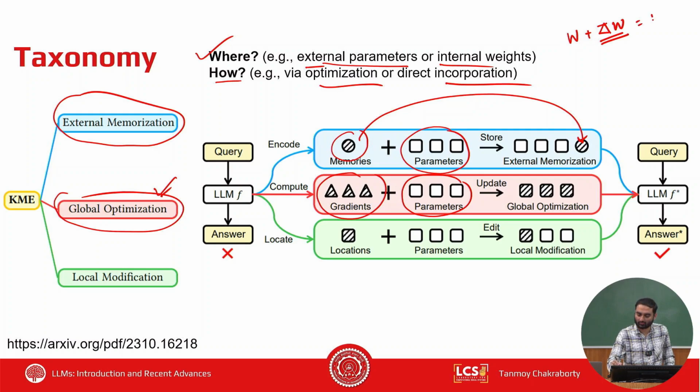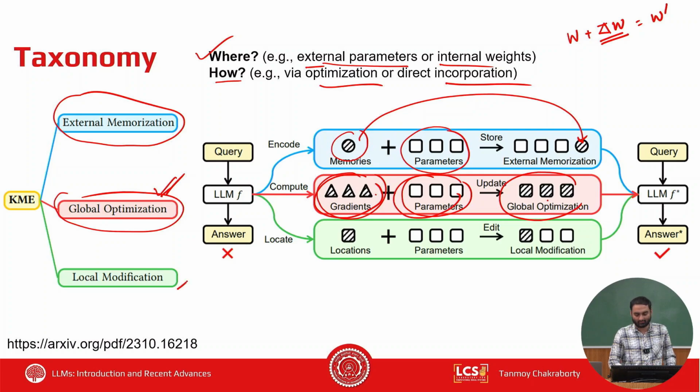So this is going to be your modified parameters: the update of the parameter plus the original parameter. You only learn the updates. Clear? So this is essentially one part of global optimization.